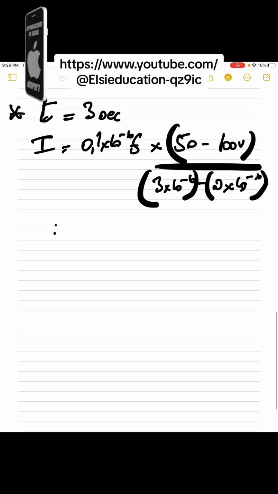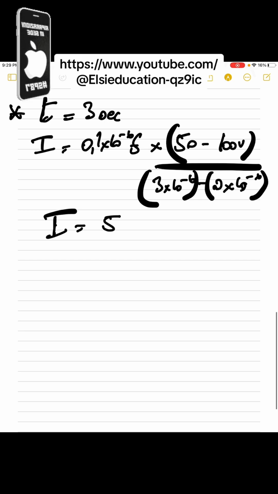And current will be equal to minus 5 amp.